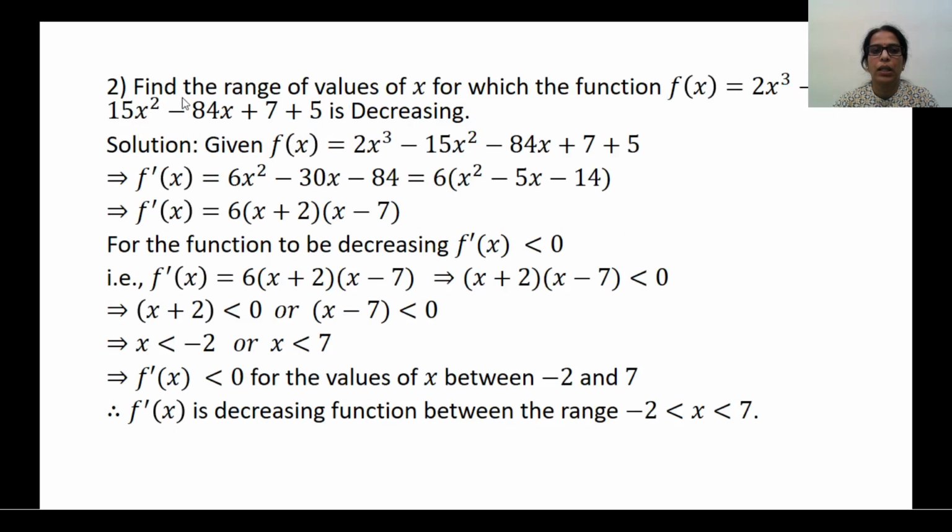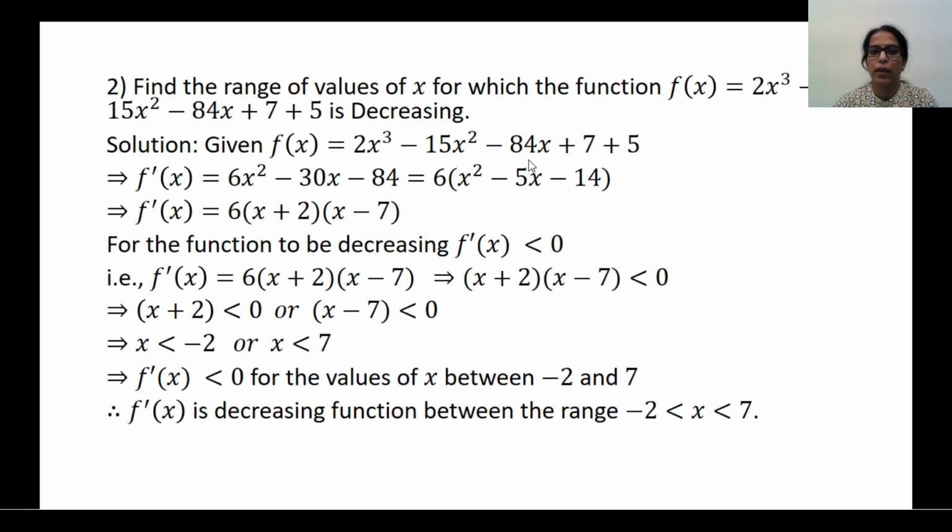Next problem. Find the range of values of x for which the function f of x equal to 2x cube minus 15x square minus 84x plus 7 is decreasing. We have to find the range of values of x for which this function f of x is decreasing. That means f dash of x is less than 0.